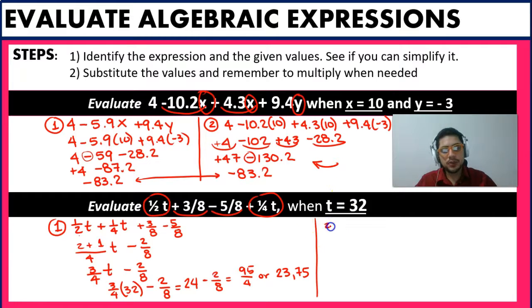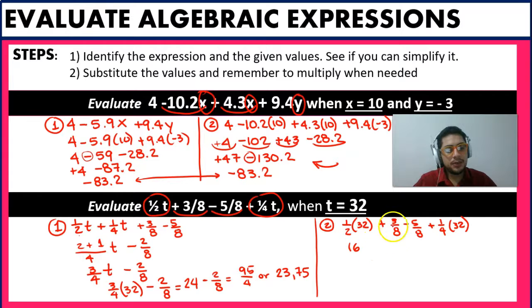Now let's try the second way. In the second way of solving this, we just have 1/2 times t, and t is 32. So we substitute right away, plus 3 divided by 8 minus 5 divided by 8 plus 1/4 of 32. In this case, 1/2 of 32 is 16.